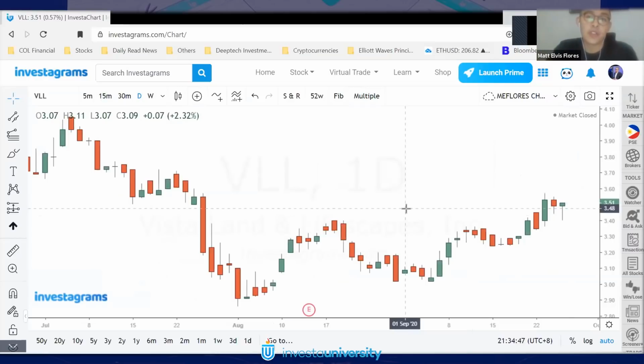Kasi usually, what's the reason ba kung why you're using indicators? So basically, the important part of the Investagram community or yung what we call the InvestaUniversity is for you to identify para mas magaan yung price movement, mas magaan sa mata nyo yung mga different price movement.